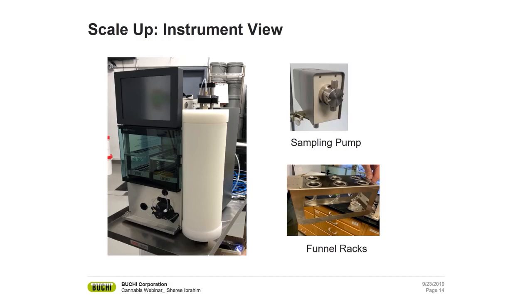That's a very nice way to collect your sample and avoid changing jars. You can simply put your funnel rack inside of the instrument, attach a tubing to it, and drain it into a container or a vessel to avoid switching out. So in a production site, this would be a very useful way to not change out components during multiple runs.